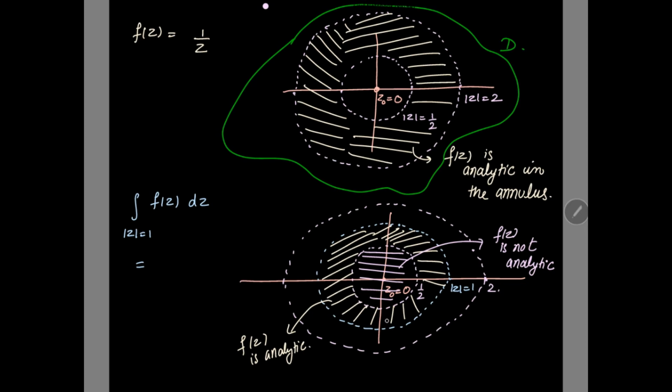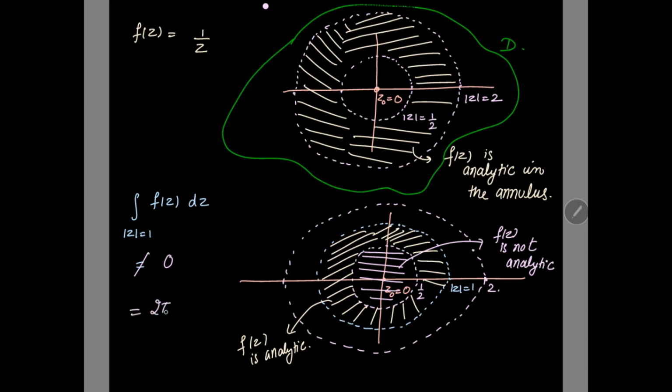So the yellow colored portion is in your domain, but this inner portion of the circle mod z equal to 1, that is the pink shaded region, here the function is not analytic, so this portion is not included in your domain. Hence, this integration for mod z equal to 1 cannot be equal to 0. This integration is not 0, right? Because now your domain is not simply connected.